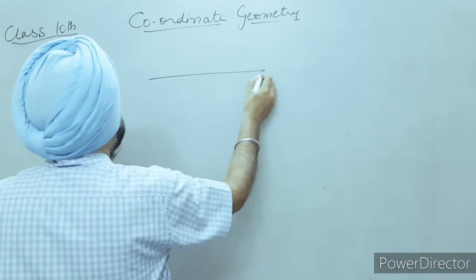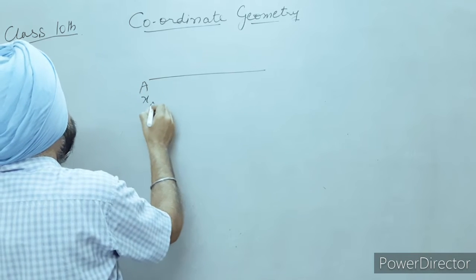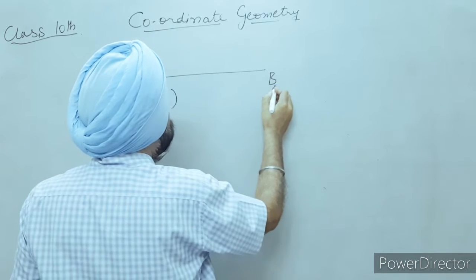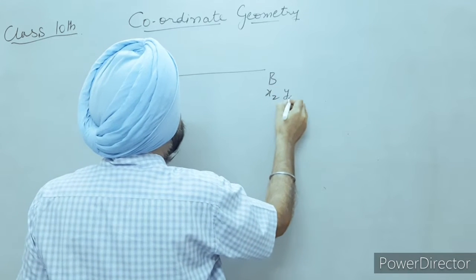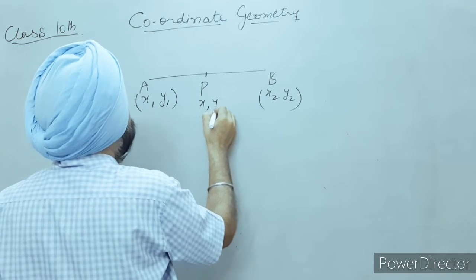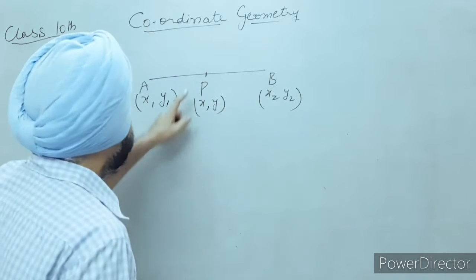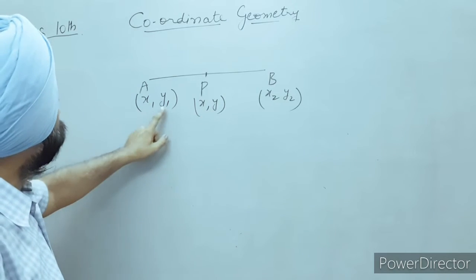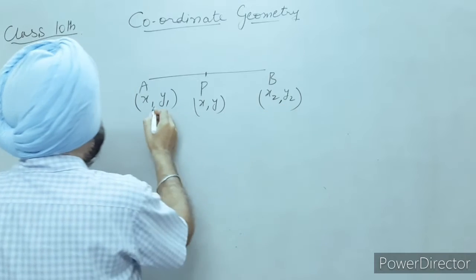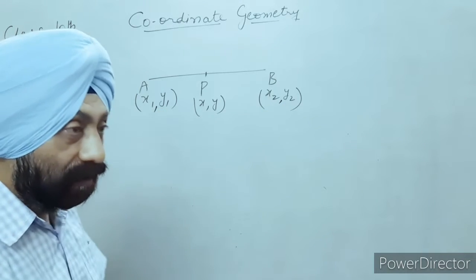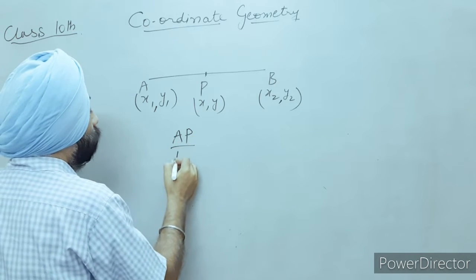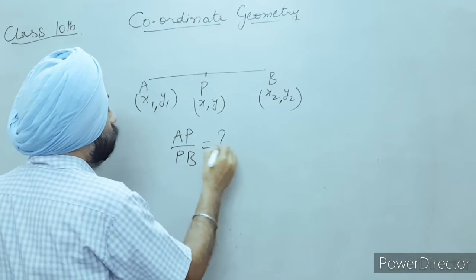Say I am given A as (x1, y1), B as (x2, y2), and P as (x, y). Now I need to find the ratio, that is AP upon PB. I have to find this ratio.